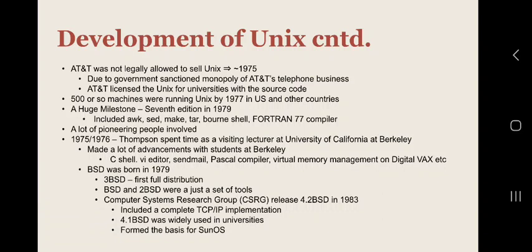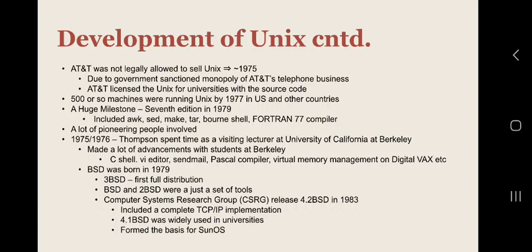This was mainly due to the fact that AT&T and the government had a mutual understanding, some agreements in place, that prevented AT&T from selling the Unix operating system because of the monopoly they had on the telephone business. However, AT&T licensed the Unix operating system to universities with the source code.